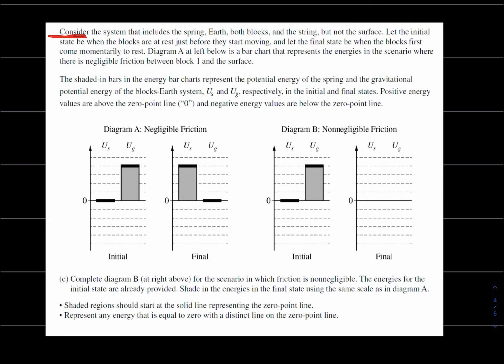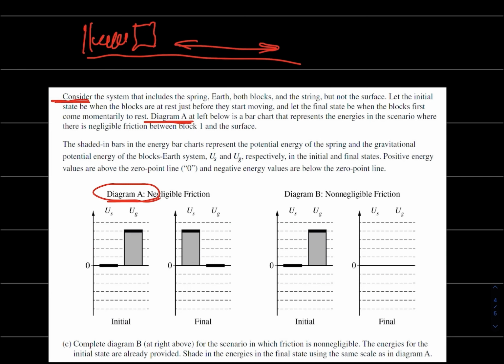We've been doing that. Diagram A at left, below, this is diagram A, is a bar chart that represents the energies in the scenario where there is negligible friction between block 1 and the surface. And that's what we've been doing. Remember block 1, here's the spring. Block 1 was sliding along a surface while this all was happening, but there was no friction here.